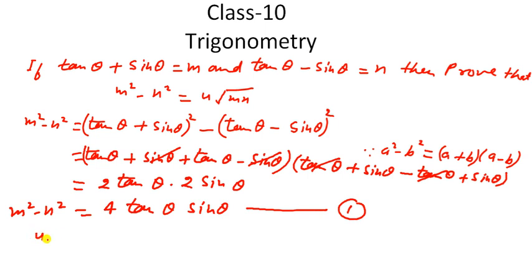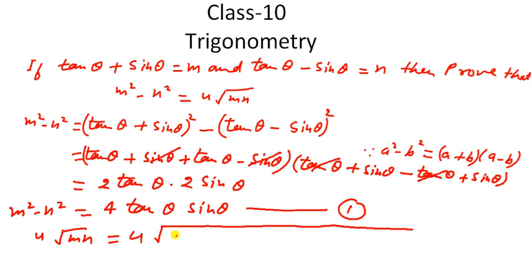Now take the right hand side, that is 4 under root of mn. Put the value of m and n. It is tan theta plus sin theta into tan theta minus sin theta.